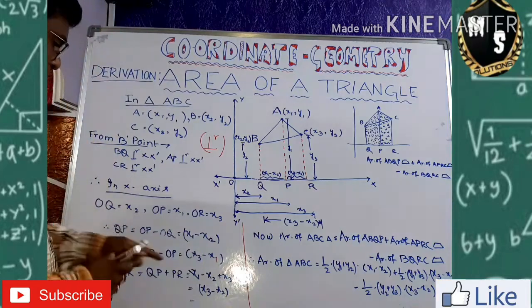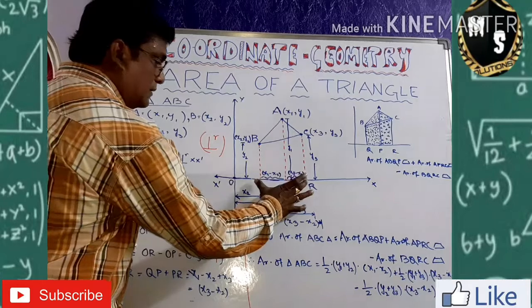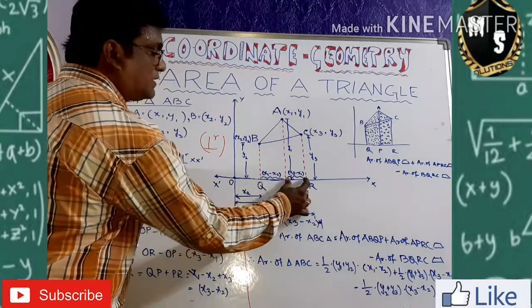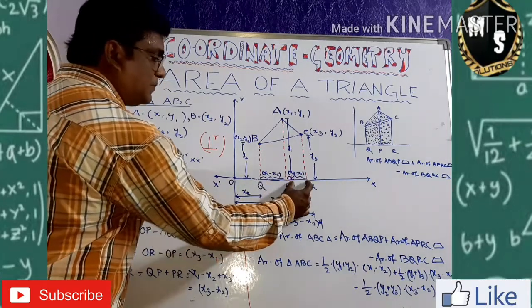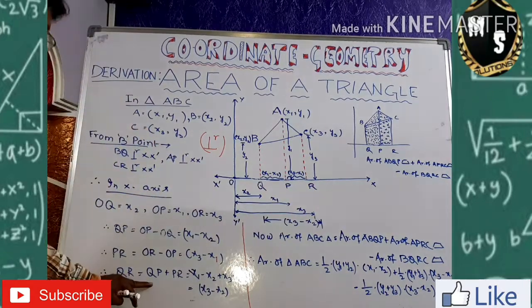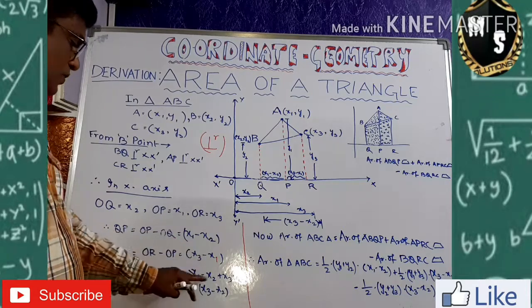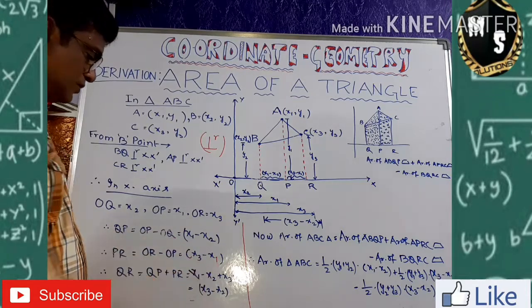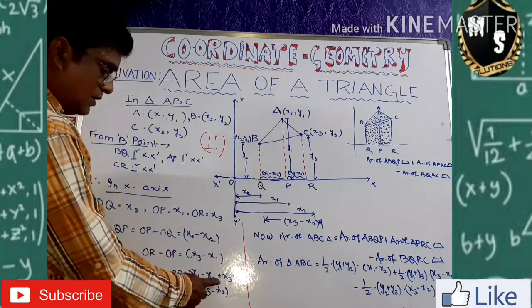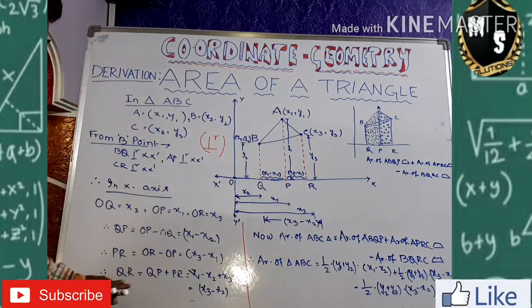Clear? Understood now? So now, what is QR? Q to R. Now QP plus PR is giving you QR. What is QP? x1 minus x2. Plus x3 minus x1. So minus x1 plus x1 cancel. It is x3 minus x2. x3 minus x2. I hope you understood QR.